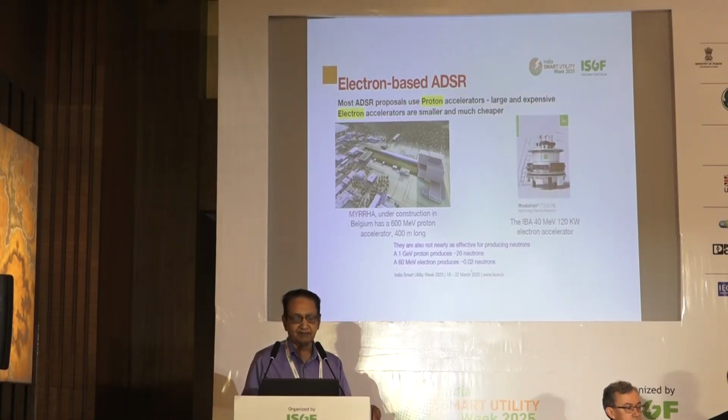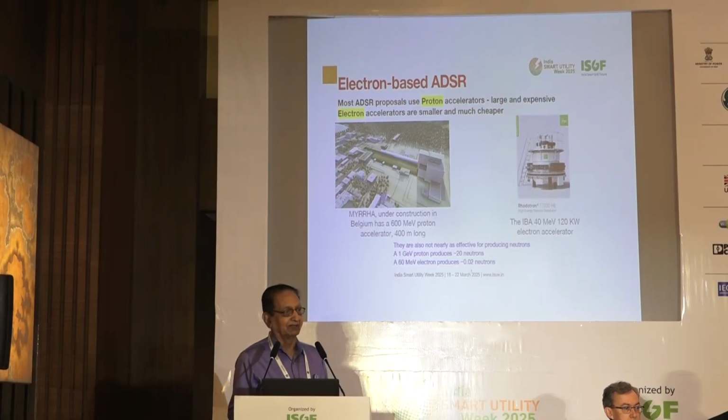As an alternative, we propose an electron accelerator generating neutrons, which can be a good alternative to proton beams. Electron accelerator, you can see the second part. This is a 40 MeV, 120 kilowatt electron beam system, which is commercially available and is used for medical radioisotope production.